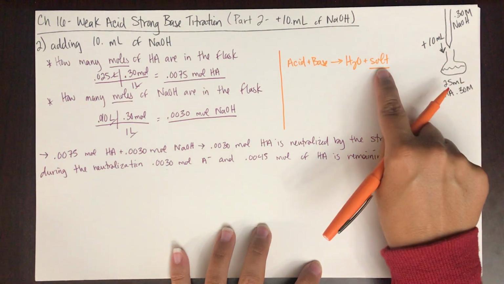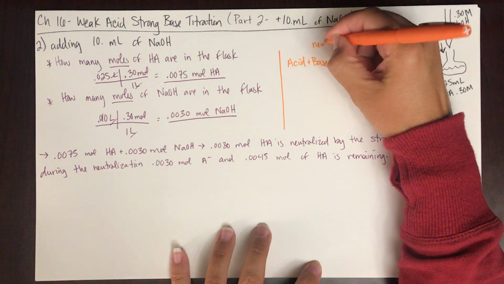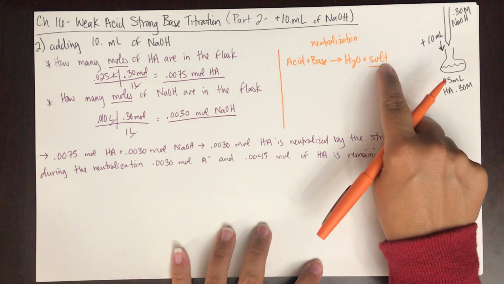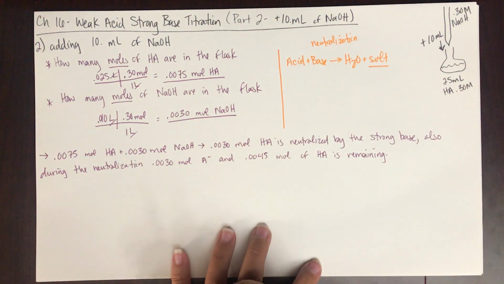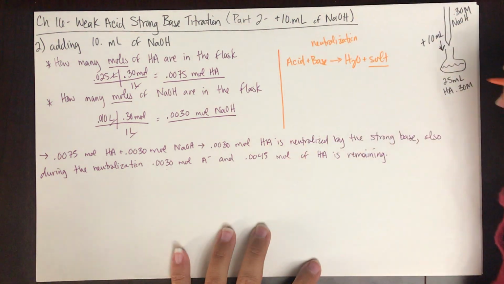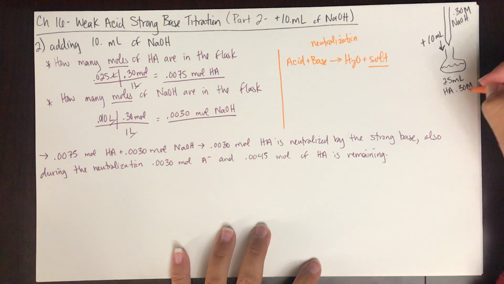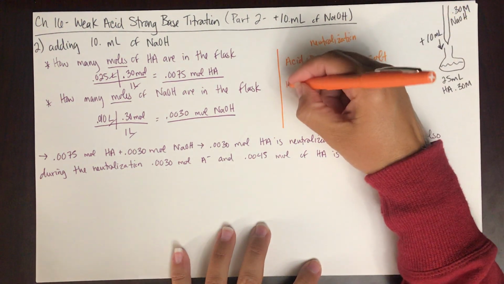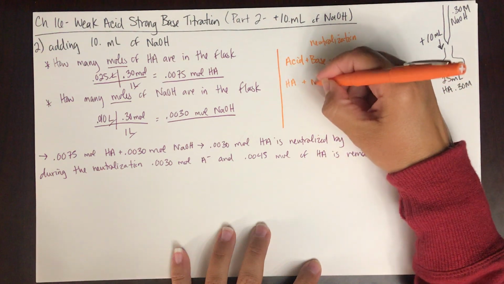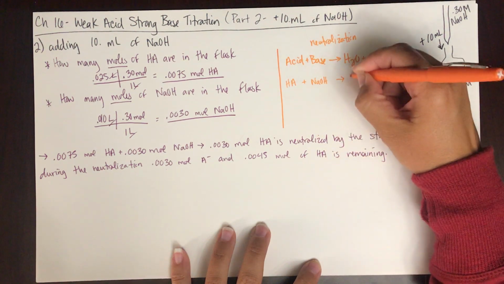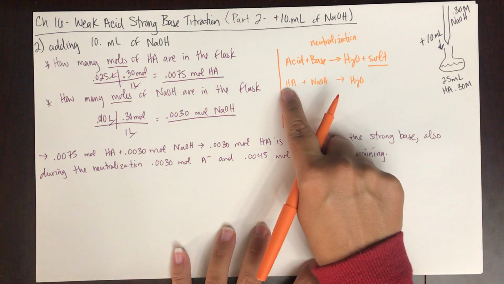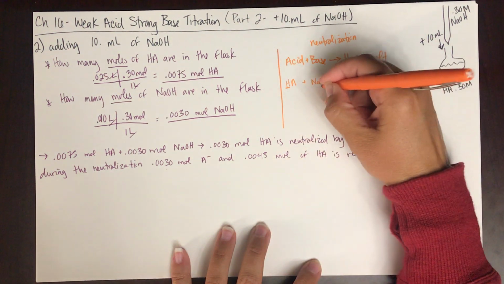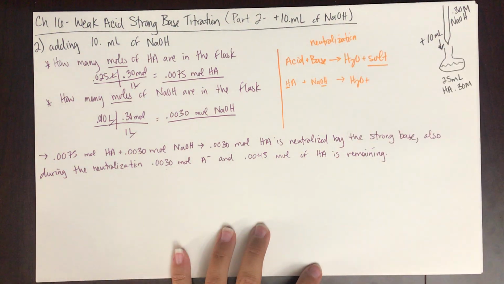This salt that is being produced during the neutralization is going to contain the conjugate to my weak acid. So when I have HA, I'm just going to use HA instead of HF. HA plus my base, sodium hydroxide, I produce water. That water came from this hydrogen and this hydroxide. But what is the salt that you're producing?